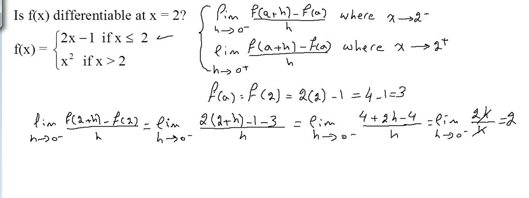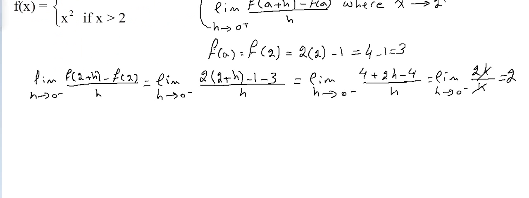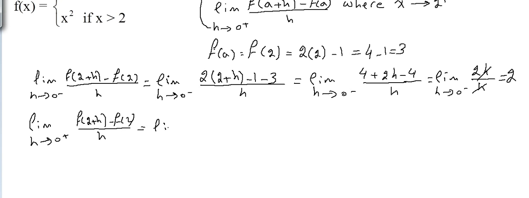Let's find it at 0 plus. The limit as h tends to 0 plus of f of 2 plus h minus f of 2 over h. Now h tends to 0 plus means x tends to 2 plus, x greater than 2. What is f of x in this case?